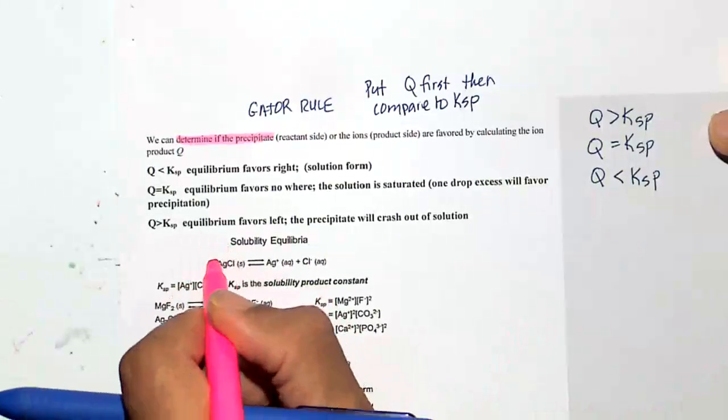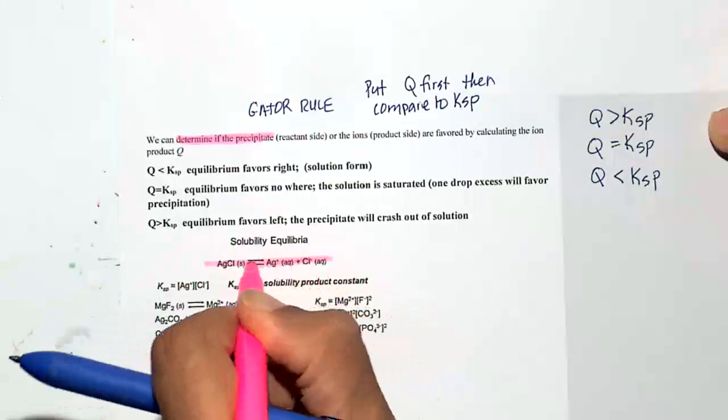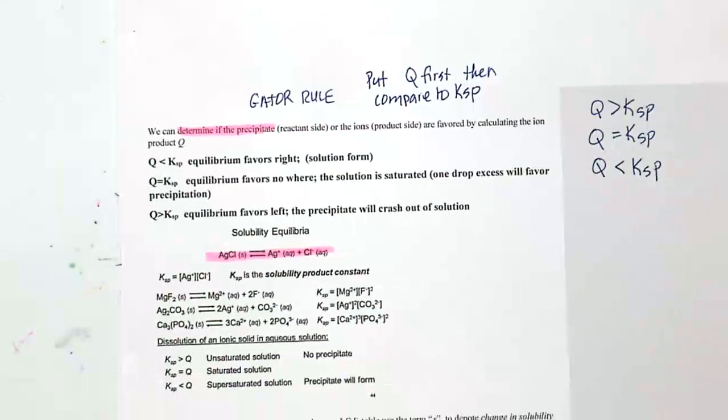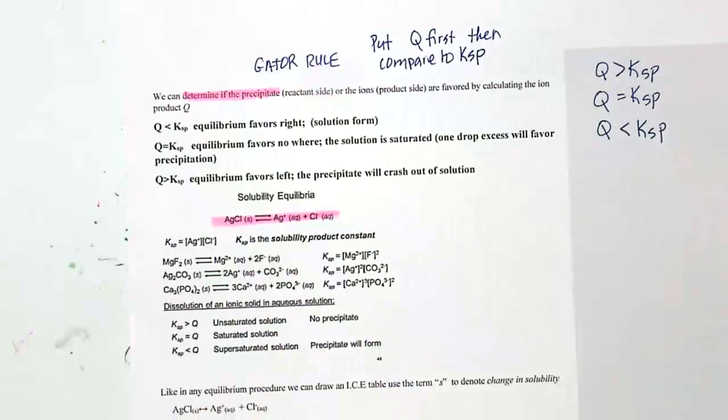Let's look at this equation here. We have silver chloride in an equilibrium with Ag plus and Cl minus.